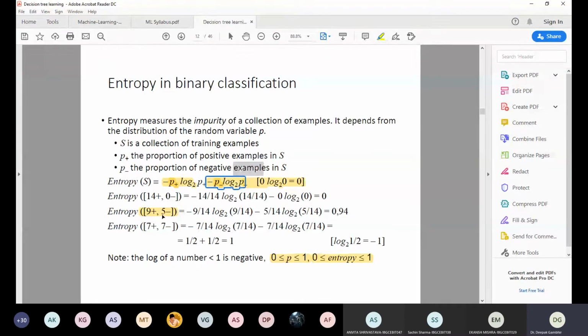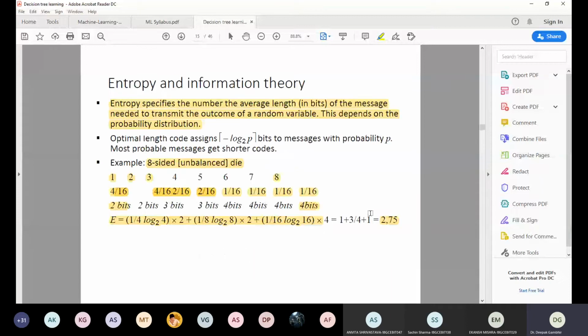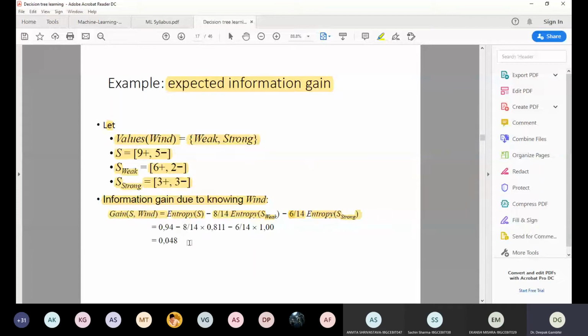So this is minus 9 by 14 log 9 by 14 to the base 2 and minus 5 by 14 log 5 by 14 to the base 2. If we solve it, this comes out to be 0.94. Similarly, for the whole set, the entropy is 0.94, since it is the same case, 9 positive and 5 negative.